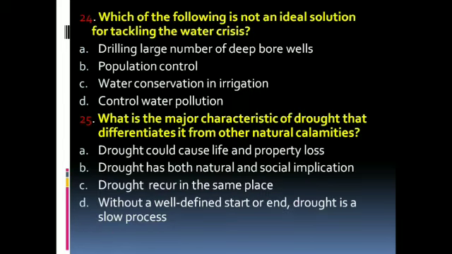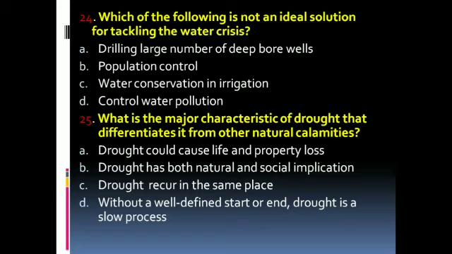Now let's take up the next question. Which of the following is not an ideal solution for tackling the water crisis? Drilling large number of deep bore wells, population control, water conservation in irrigation, control water pollution.